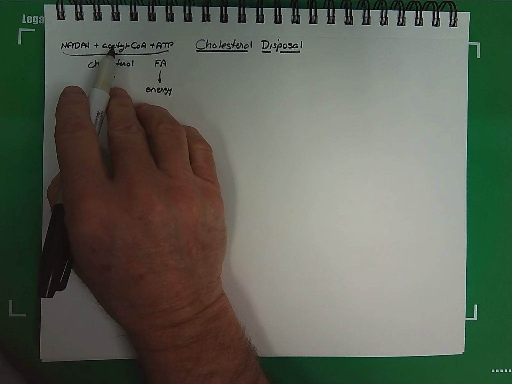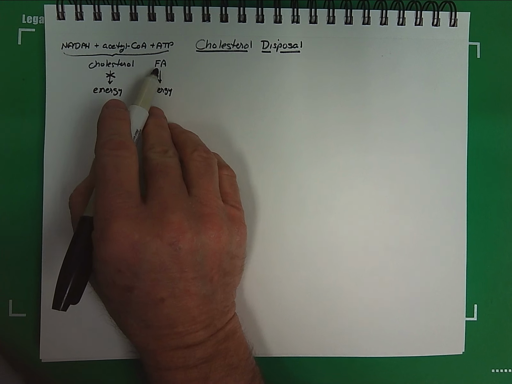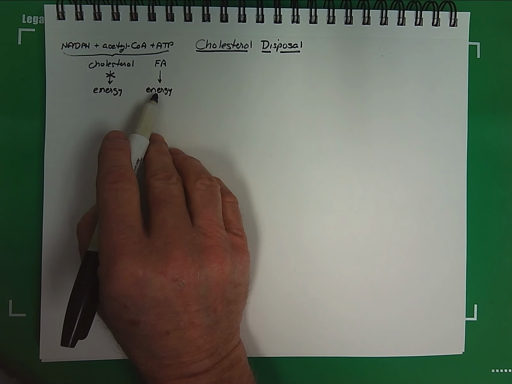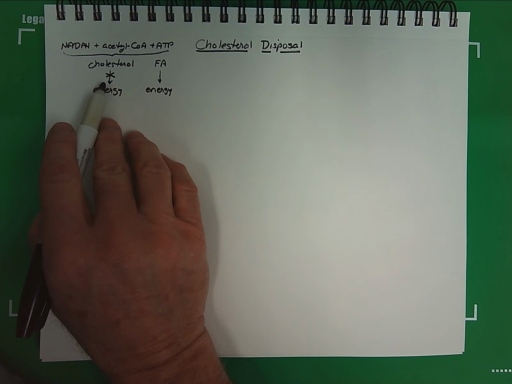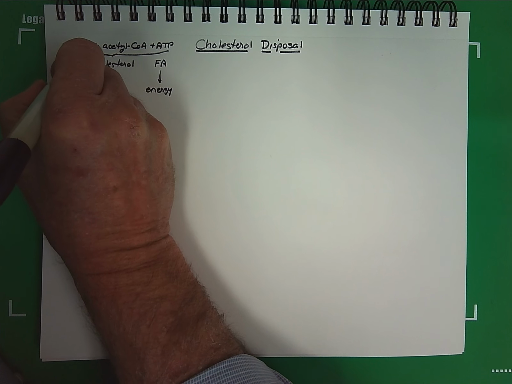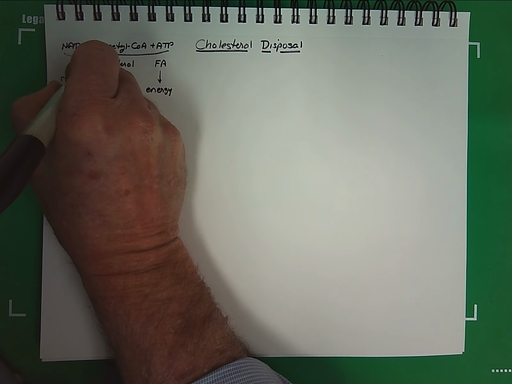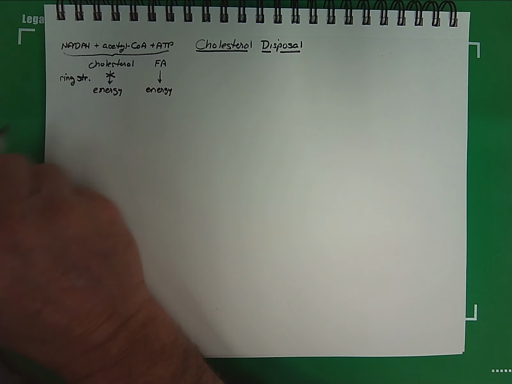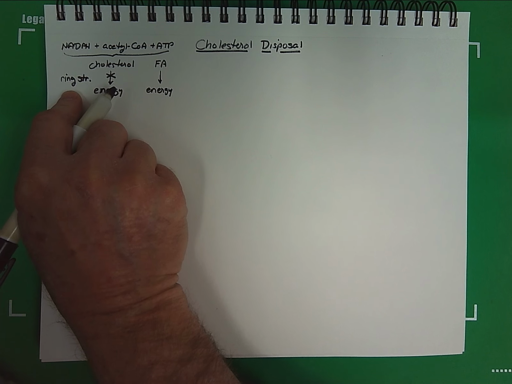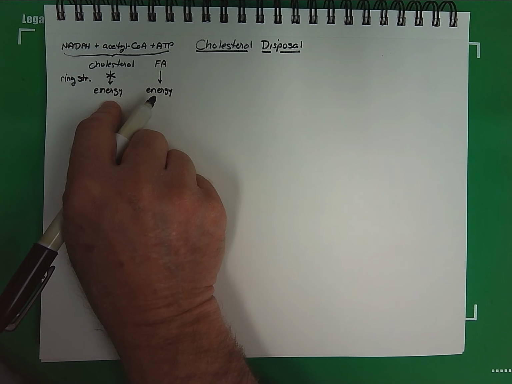So the storage of energy, acetyl-CoA and fatty acids, is reversible. We can extract back the energy, we don't lose it. But with cholesterol, we cannot do this. The reason for this is because of the ring structure. We do not have any enzymes that can break these rings. So this is why cholesterol is very tightly regulated and controlled in its biosynthesis.